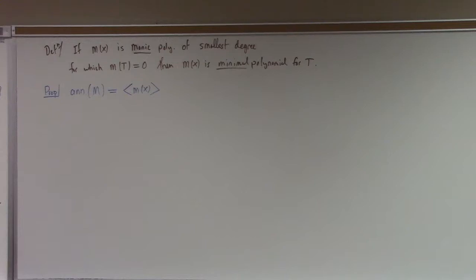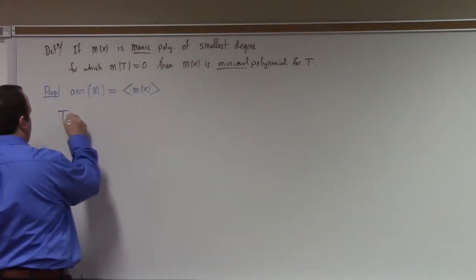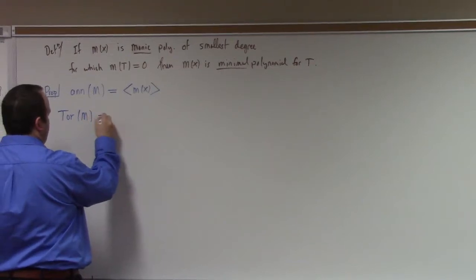Otherwise, the torsion is the set of non-zero elements which have torsion, meaning what? How do we define Tor? What was the definition of Tor M?